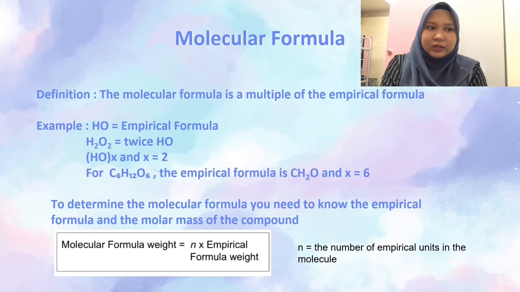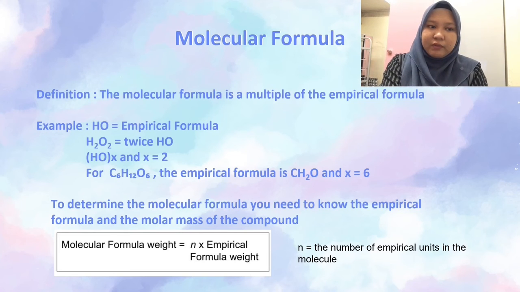For C6H12O6, the empirical formula is CH2O and X equals 6. To determine the molecular formula, you need to know the empirical formula and the molar mass of the compound.